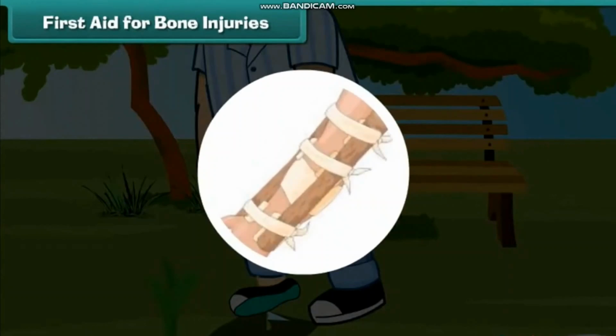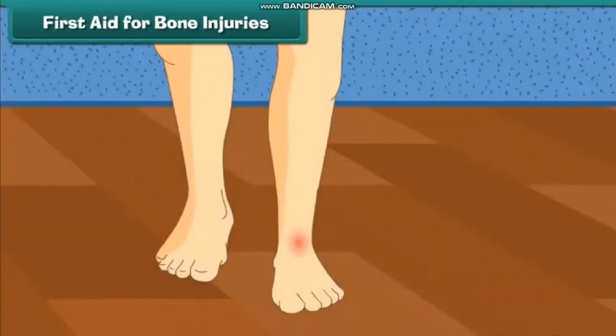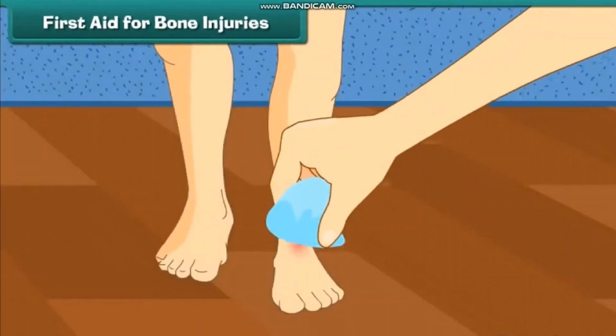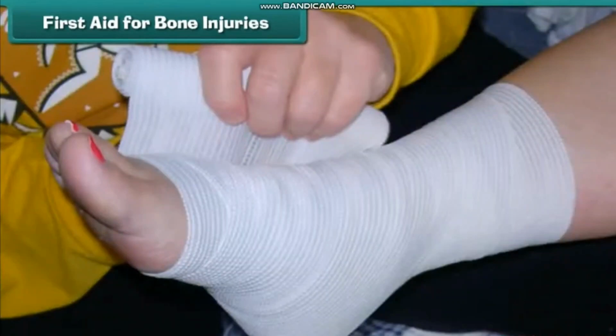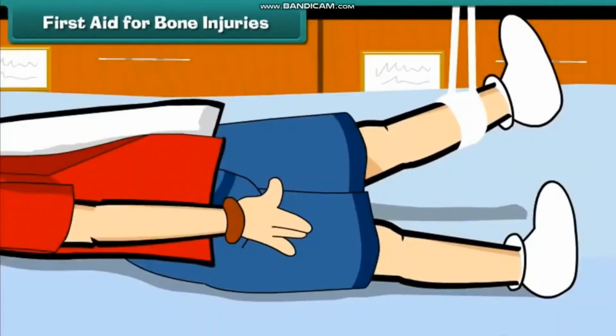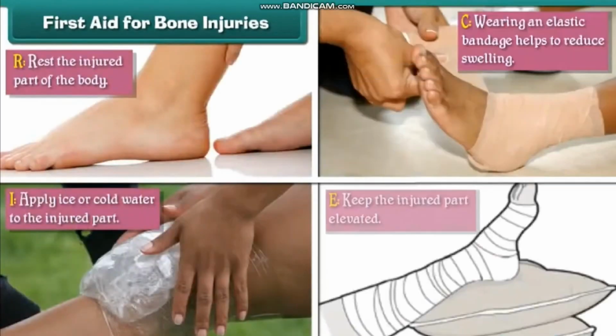In this situation, what we need to do is give the bone proper support so that there is no pain. Apply an ice pack on the sprained area to reduce the swelling. Apply a pain relieving ointment like Moov on the affected area. Tie an elastic bandage or crepe bandage around the joint to keep it from moving.